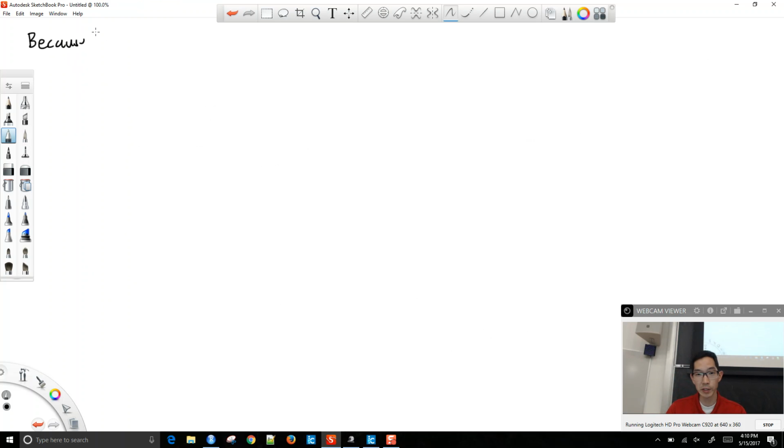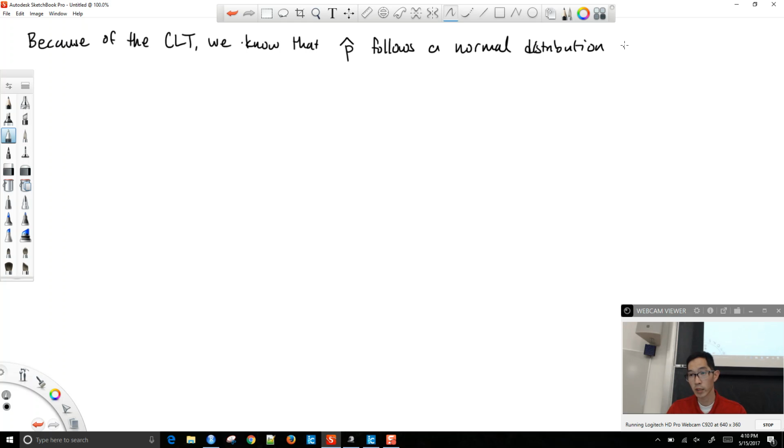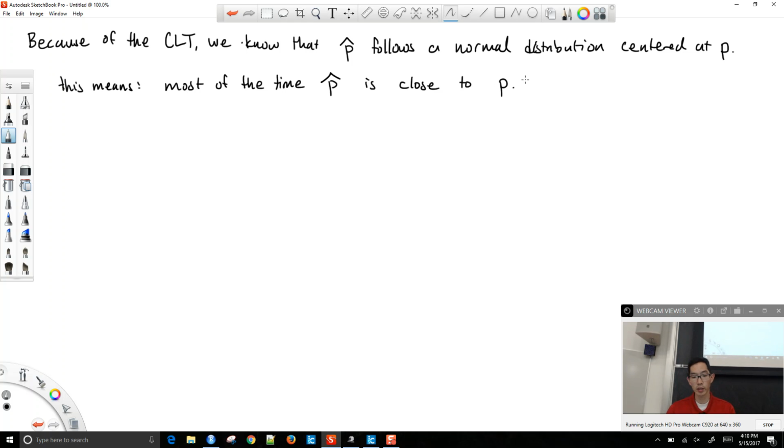So we said because of the central limit theorem, we know that p hat follows a normal distribution centered at P. And what that means is that most of the time p hat is close to P, okay?